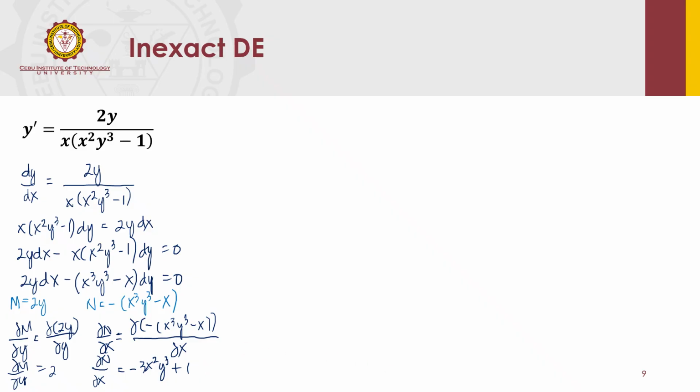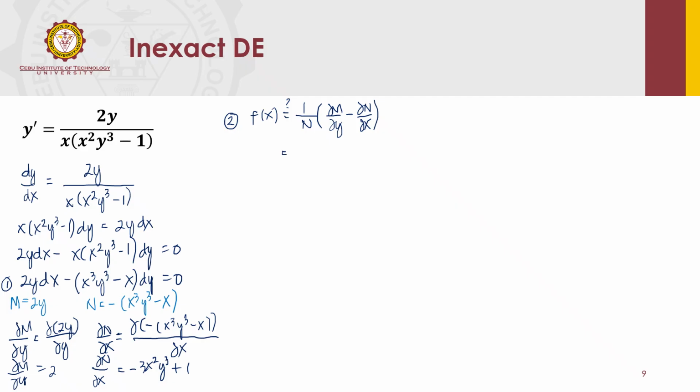So this is step number 1. Step number 2 is to determine the integrating factor. We are going to see first if 1 over N times this is a pure function of x.